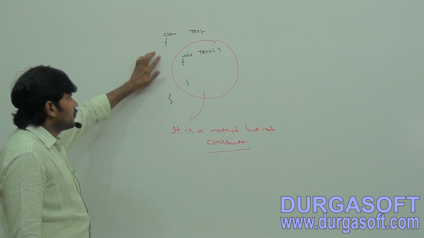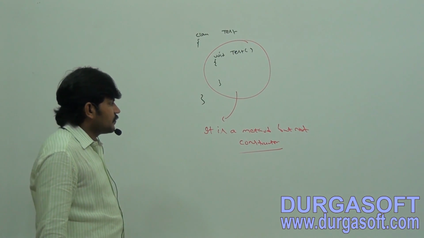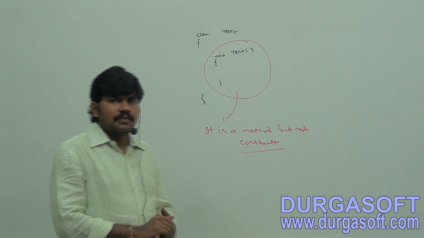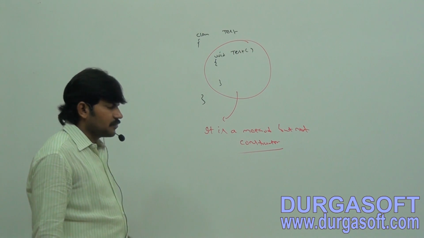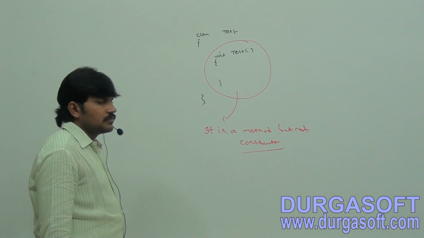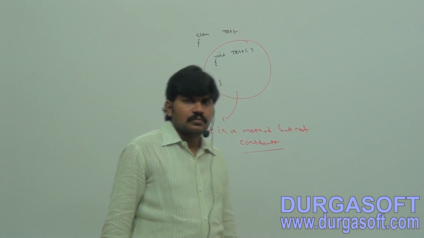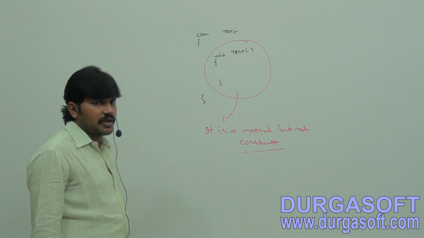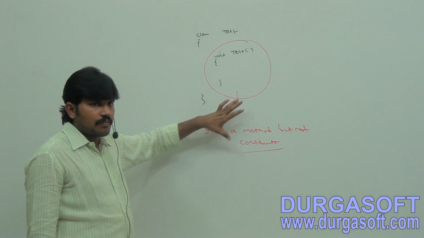Okay, take this example. Class test, void test. It is a method but not a constructor. Are you able to understand, right? I hope the terminology is very clear for you.